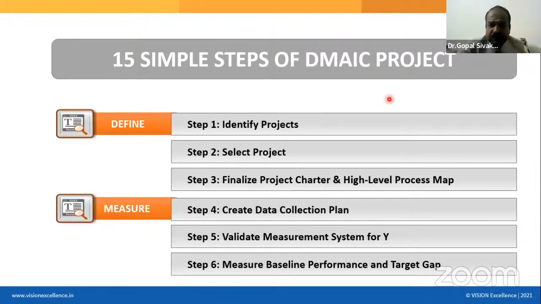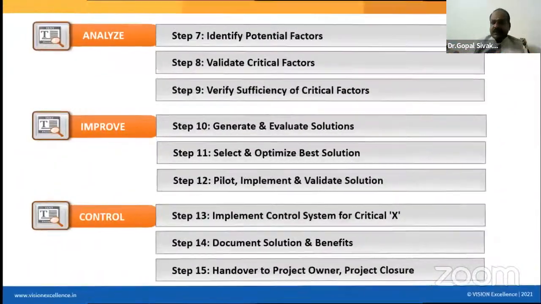Similarly, the main deliverable of the measure phase is baseline performance. It can be Sigma level, it can be CP, CPK, it can be DPMO, it can be PPM, or it can be yield. Whatever it is, all of them are one and the same. You will be able to understand that as you go through the advanced belt certification.